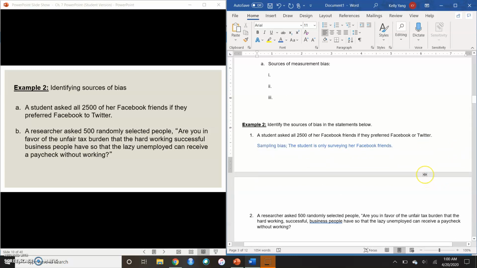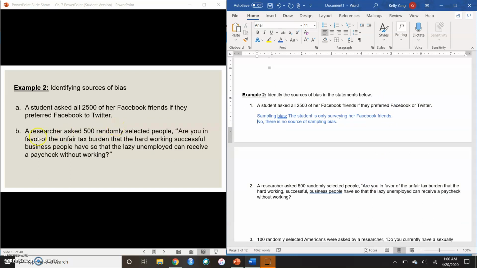In terms of a source of sampling bias, no, there is no source, because the only source that we have is response, and in this case it doesn't really apply.